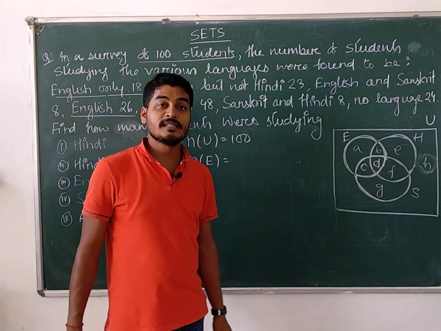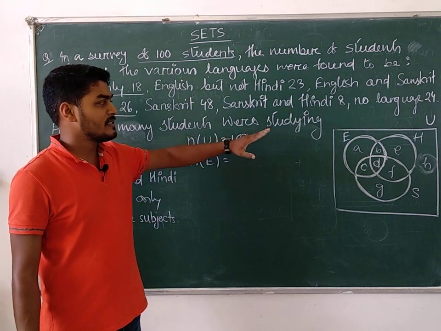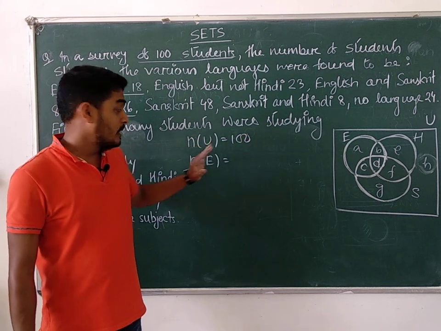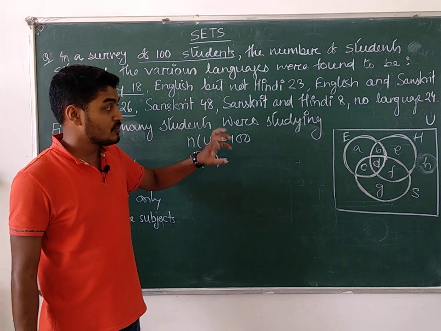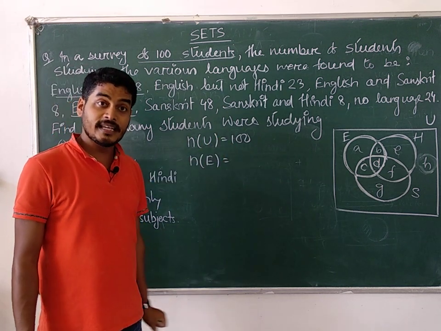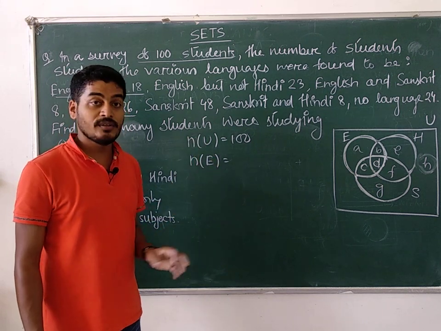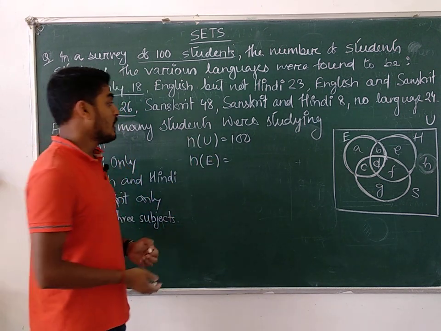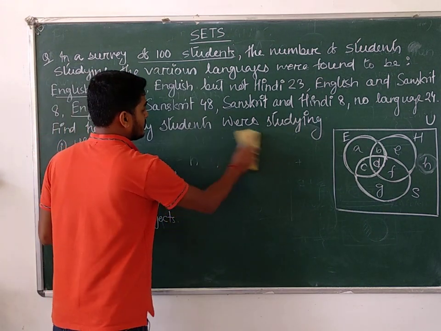First of all, you have to mention what E, H and S are, and what U is. You have to mention what A, B, C, D, E, F, Z and H are: they represent the value of each and every portion of the Venn diagram. Now we can easily find out the values. How can you find them? Listen.